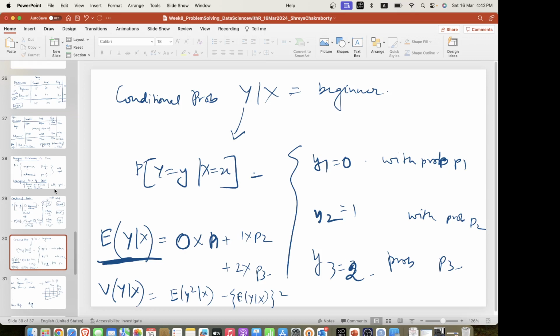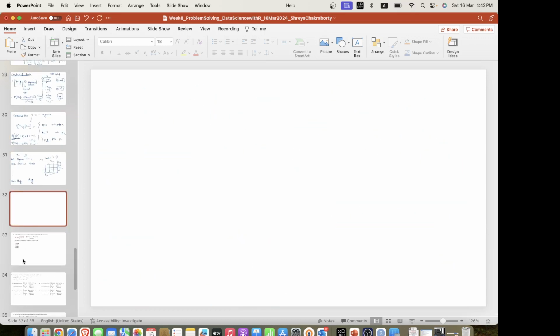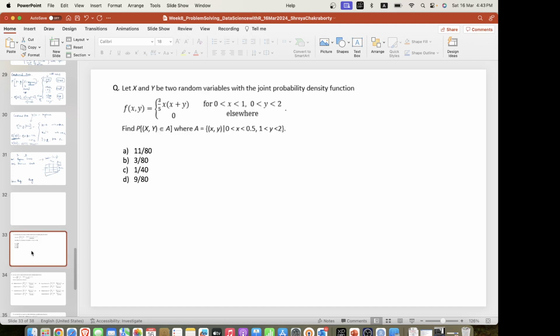So what happens if we move on to a continuous case? We'll try to find from this example. Let's say x and y are two random variables with joint probability distribution this. Find probability (x, y) belongs to A, where A is 0 less than x less than 0.5 and 1 less than y less than 2.